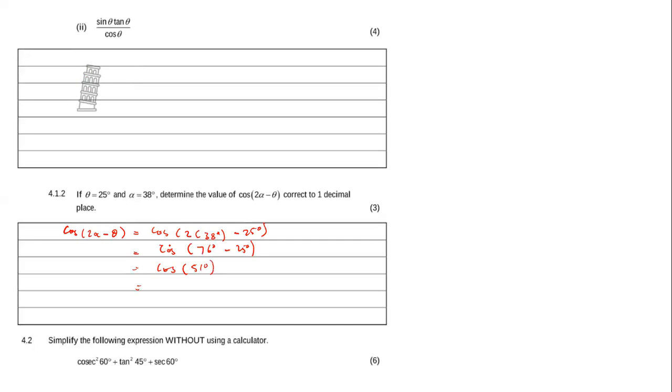And therefore, what is cos 51 degrees? Make sure that your calculator is in degrees. Cos 51 degrees to 1 decimal place is going to be 0.6. And therefore, this will be our final answer for 4.1.2.